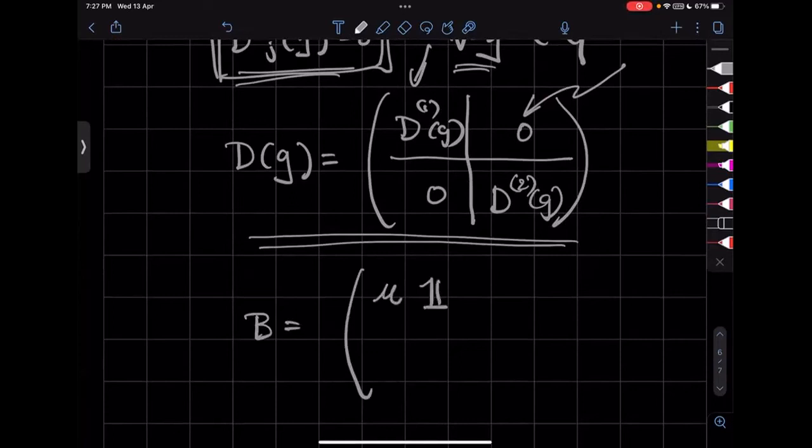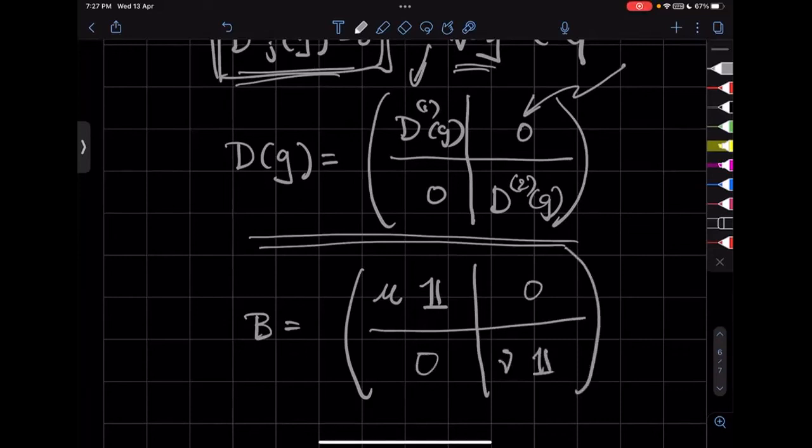It'll have an identity matrix times some eigenvalue, and here it'll be 0, 0, and some other eigenvalue times some identity matrix. Okay. But if you zoom into the bit which is the irreducible representation, for that bit, B is proportional to the identity matrix, although B for the reducible representation is not the identity matrix.